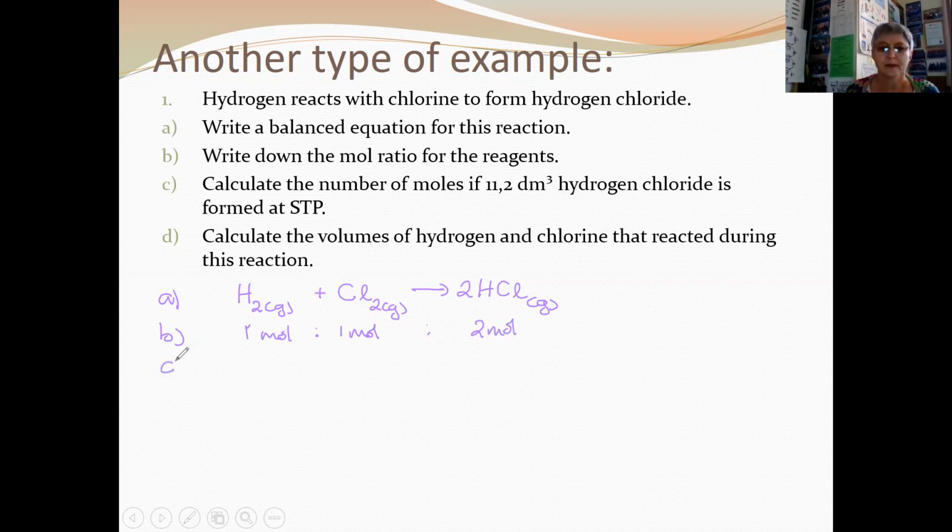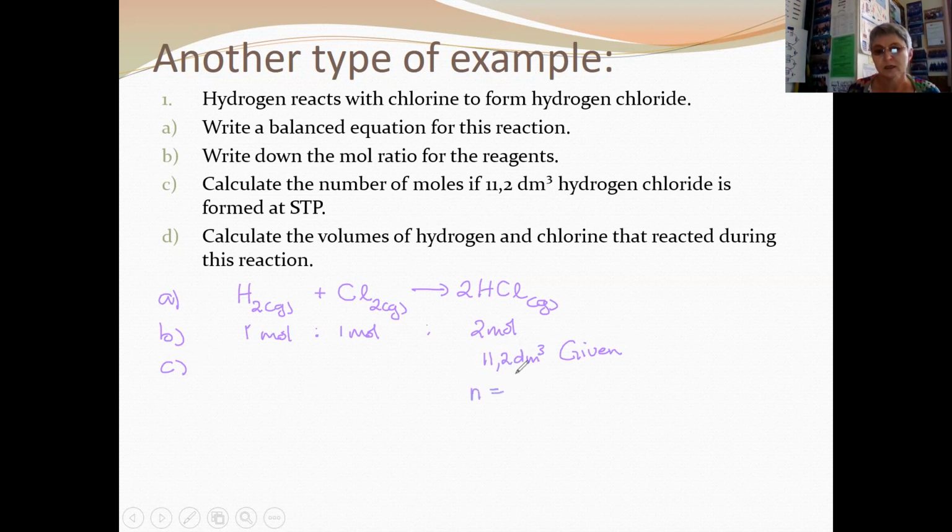Number C, calculate the number of moles if 11.2 cubic decimeters of hydrogen chloride is formed. So the given volume is 11.2 cubic decimeters, and they want us to calculate the number of moles.